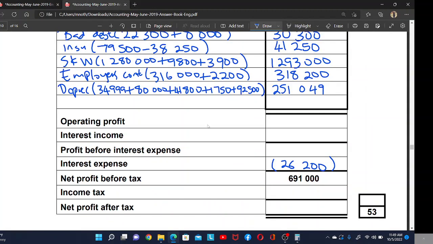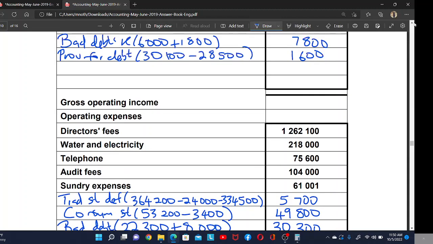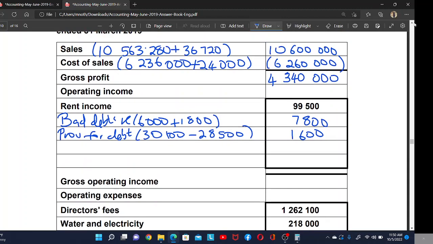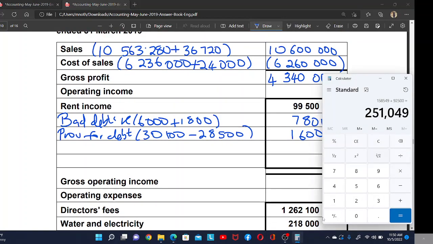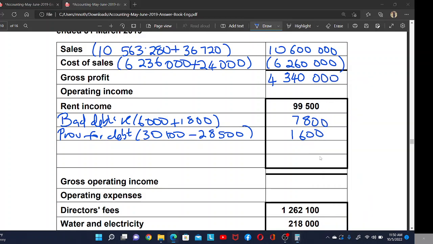So now what is left is we need to calculate. 99,500 plus 7,800 plus 1,600 is equal to 108,900.